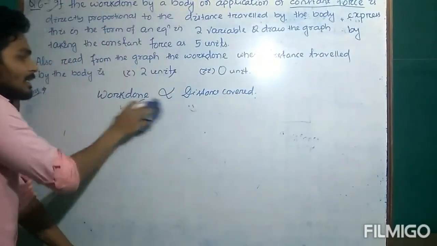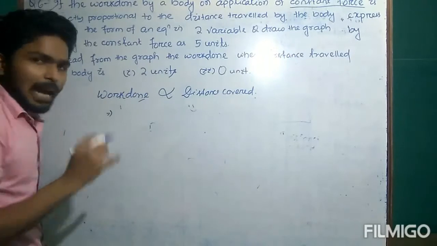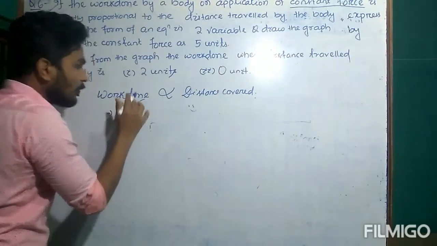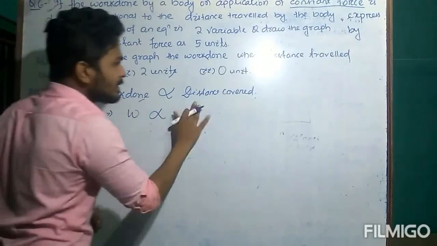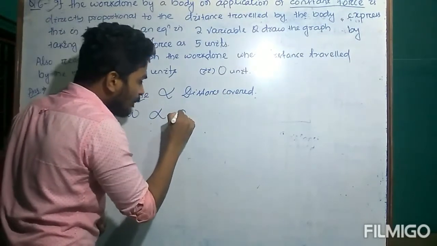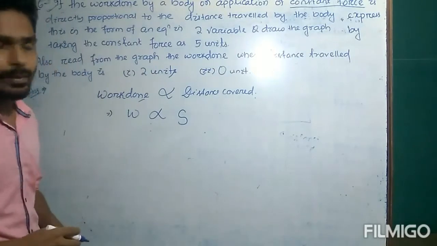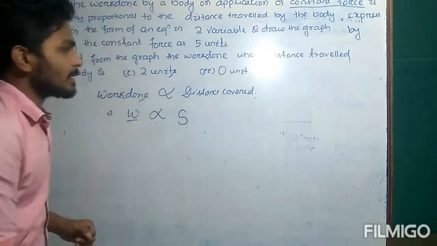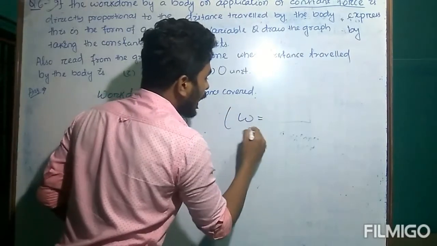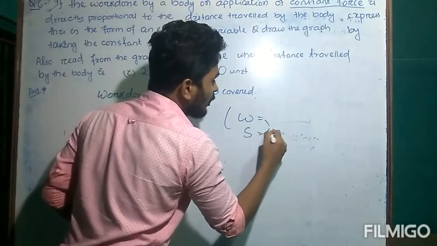Next, suppose I use the abbreviated term W for work done, which is proportional to distance covered, abbreviated as S. So W is directly proportional to S, where W and S are unknown variables.